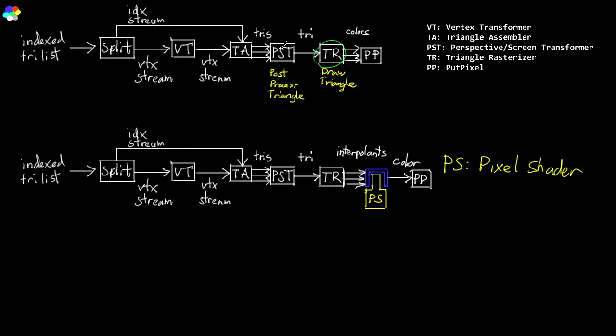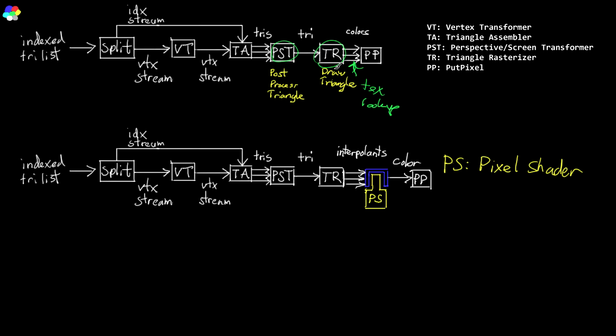And it is being called from the perspective screen transformer, which corresponds to post-process triangle. So post-process triangle processes the vertices, then it passes that triangle onto draw triangle. What draw triangle does is it scans over the entire triangle in screen space and calls put pixel with some determined colors. Now the determination of the colors here is fixed, right? It is generally doing a texture lookup.